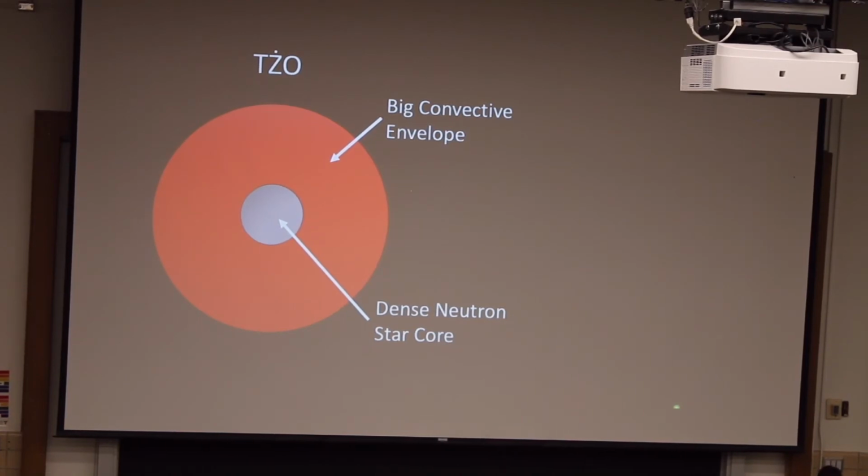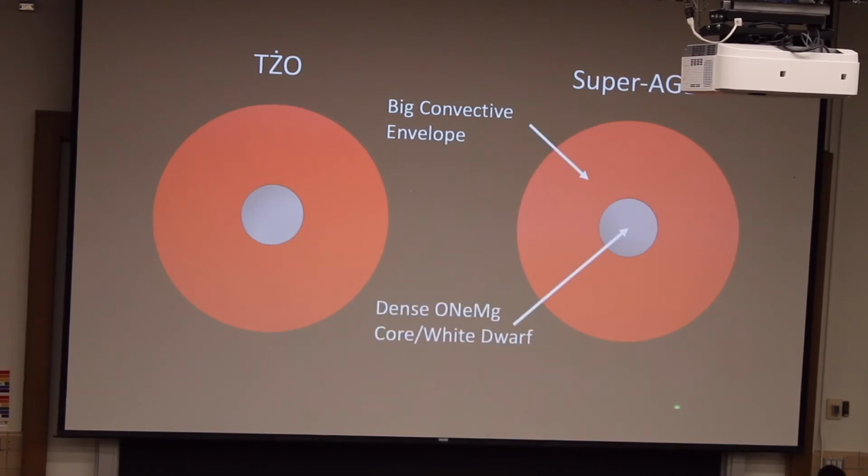So they're extremely dense. Super AGB stars also have a big, fluffy convective envelope. Their cores are what would eventually become a white dwarf once the outer layers pop off. It's made of oxygen and magnesium, but more importantly, it is also very dense. It's not as dense as a neutron star, but it's still very dense compared to the rest of the star.